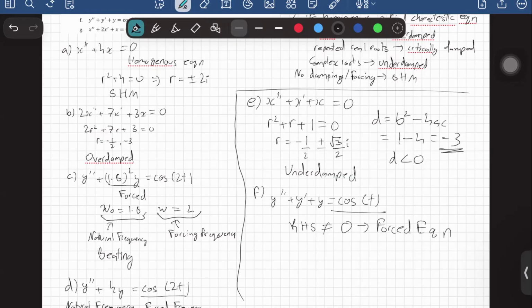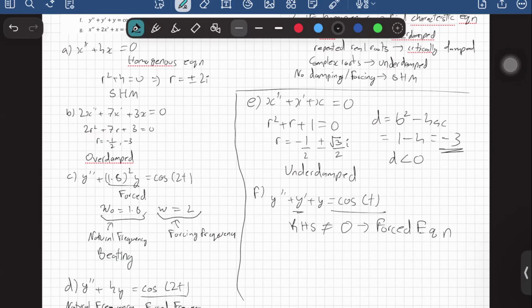And there is a damping term in here as well, that's y prime. And the forcing term is obviously cosine of t. So the solution for this differential equation has a transient part that dies out because of the damping term, and it has a steady state part that remains.